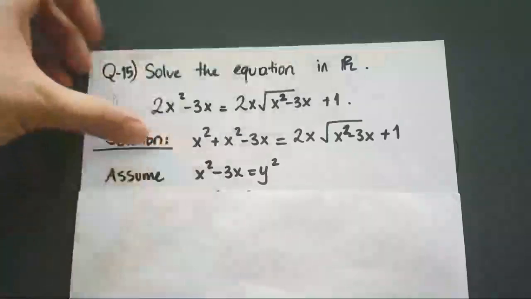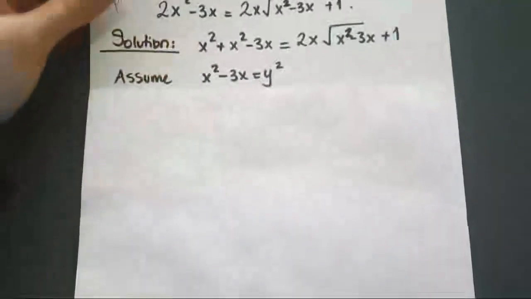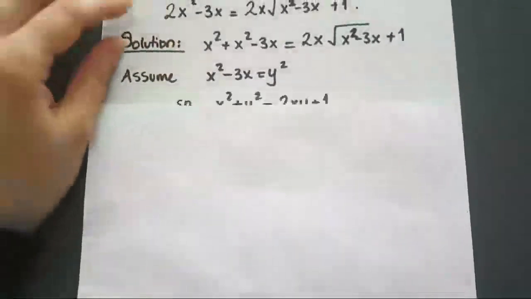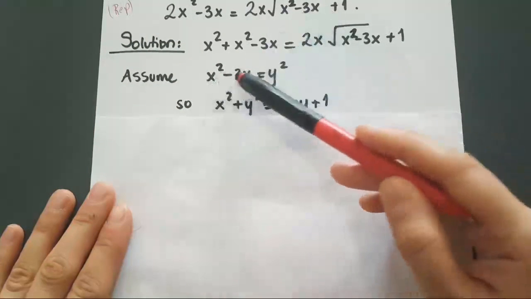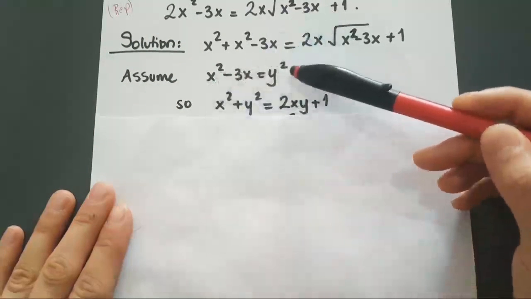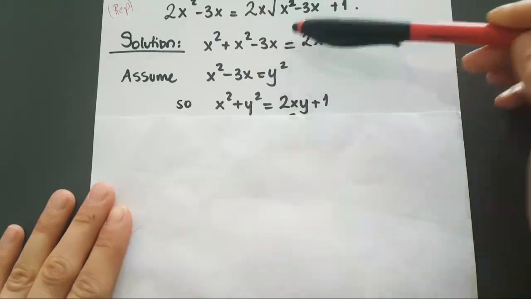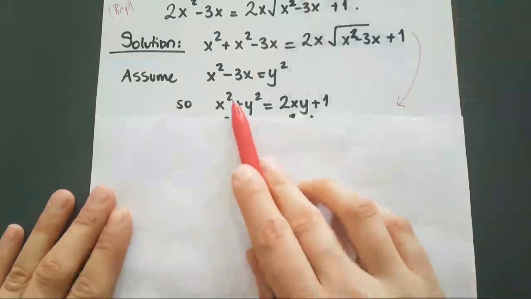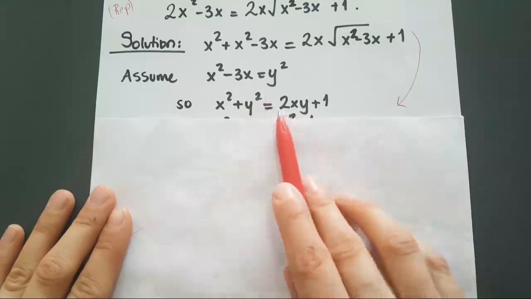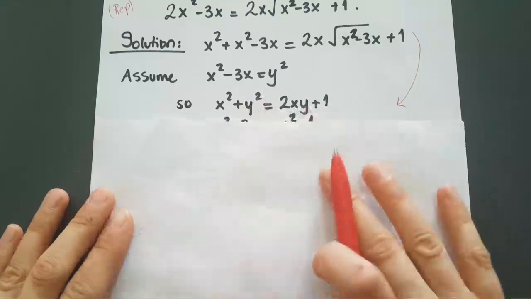Let's continue together. We have no time and I have prepared 16 questions for today. I will substitute x squared minus 3x is equal to y squared. Then the first equation turns into this form: x squared plus y squared is equal to 2xy plus 1.